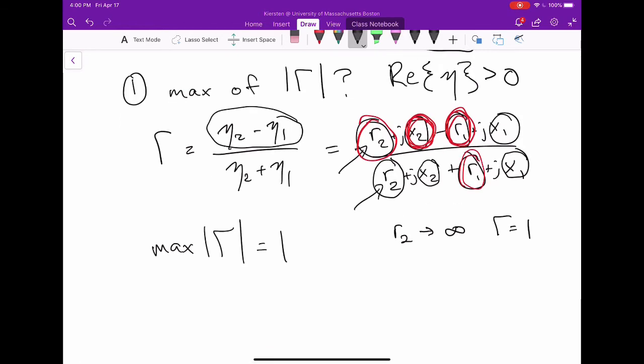One of them is to let eta 2 equal 0. If eta 2 goes to 0, well, then we got 0 minus R1 plus jx1 divided by 0 plus R1 plus jx1. And then we're just dividing minus eta 1 by plus eta 1. So gamma there is minus 1.